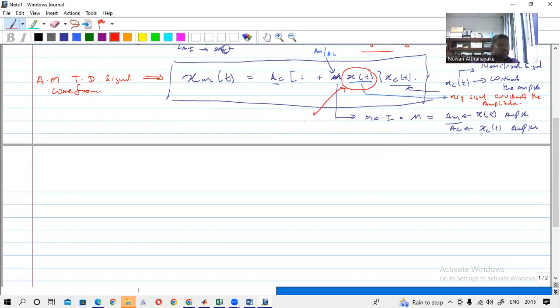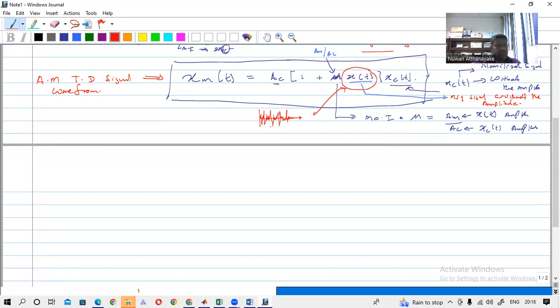Normally real-time information signals are very complicated. For example, a voice has several frequency components. It is not a basic, simple signal. Almost all information signals are very complicated, random signals.